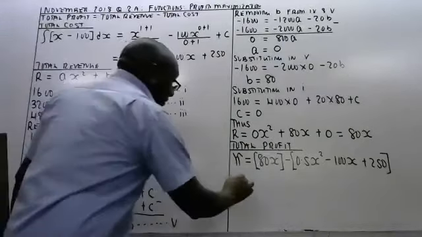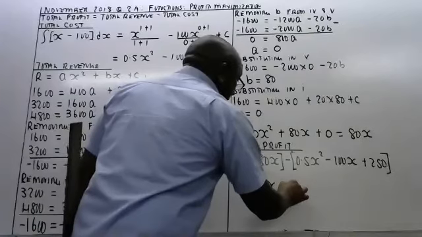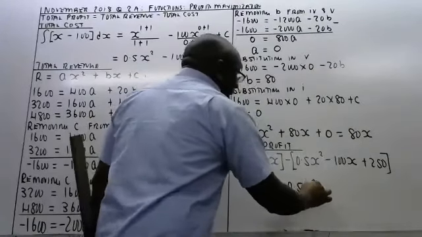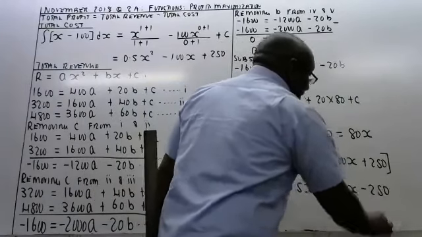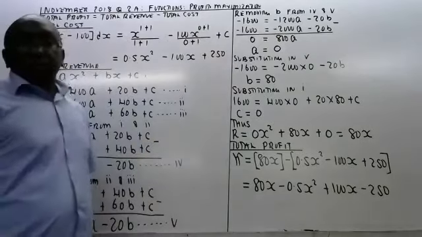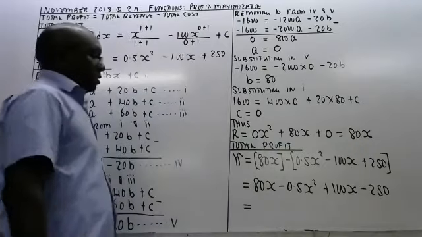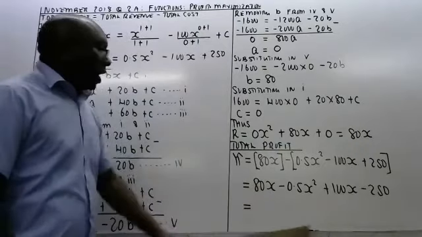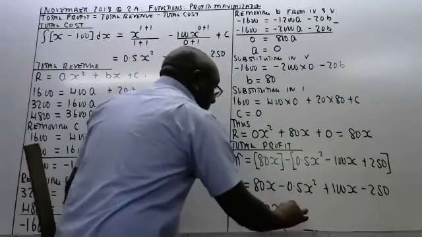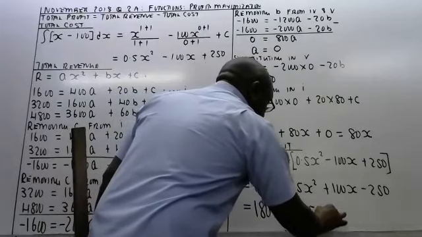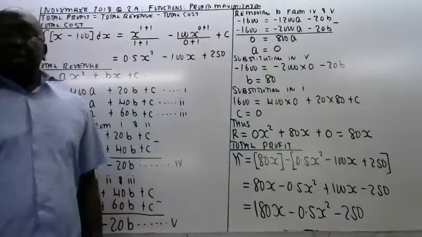So open the brackets and establish that this will be 8x minus 0.5x squared plus 100x minus 250. So bringing the like terms together, this 8 to join this 100, I'll be left with 180x minus 0.5x squared minus 250. That is what I will be left with.